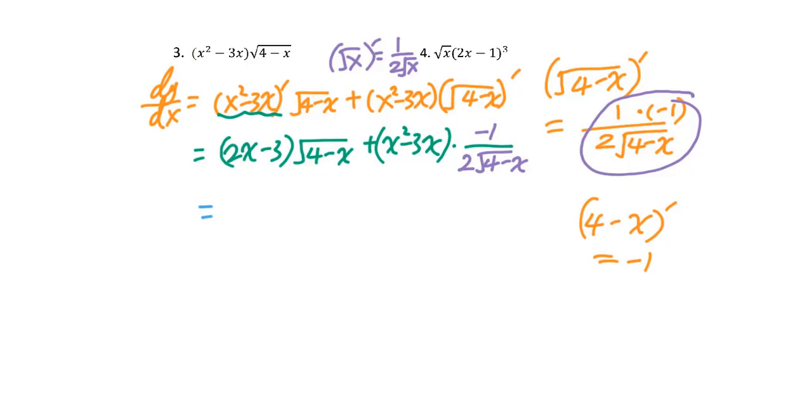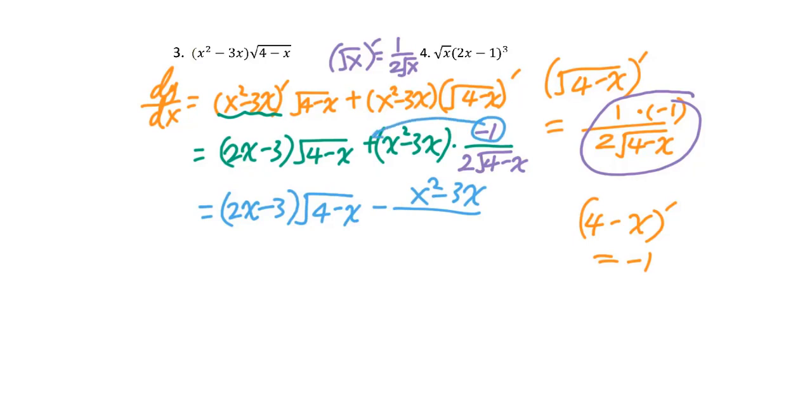Then we organize. You have 2x minus 3 times square root of 4 minus x minus x squared minus 3x. Because of this negative 1, I move it to the front. Then over 2 square root of 4 minus x.